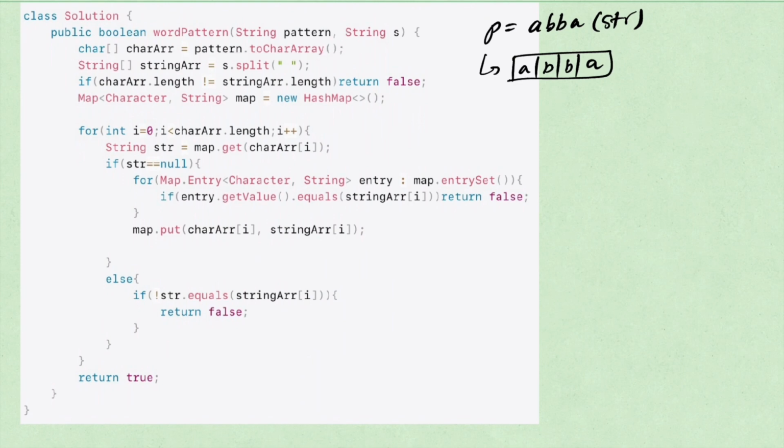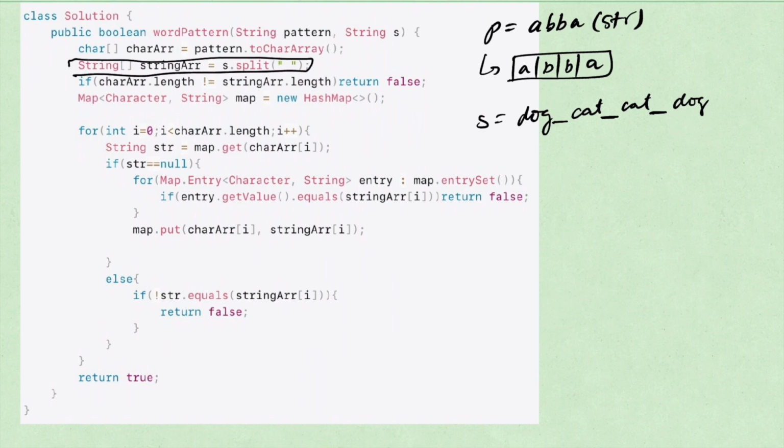Now the second thing we have to do is split the given string. We have been given s equals dog cat cat dog, and each string is separated by a space. So if we split them on the basis of space, we will get a string array, and that's what has been done here.